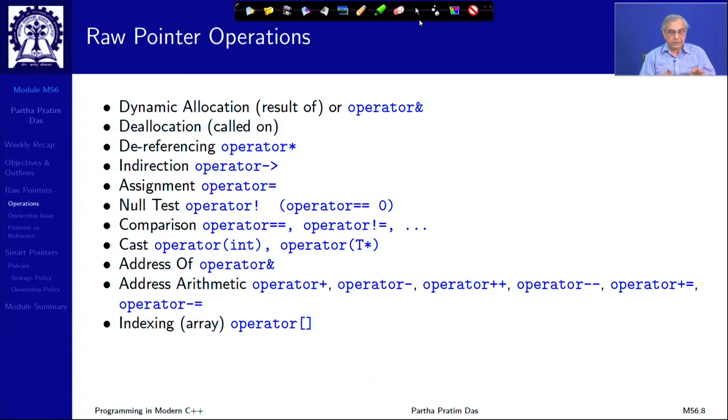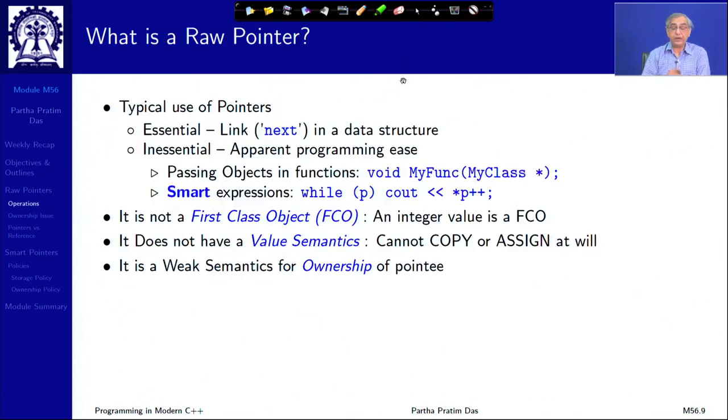For example, the address arithmetic that we are allowed to do is often a pain in terms of correctness, unless we are working with really low level code where we have to keep track of addresses. So, the typical use is in creating links or passing parameters to functions and so on.